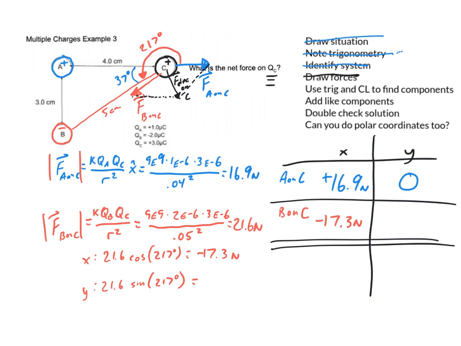And I get negative 13 newtons. The force electric on C is going to be negative 13 in Y.